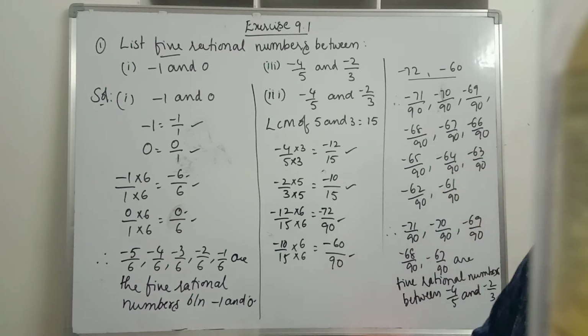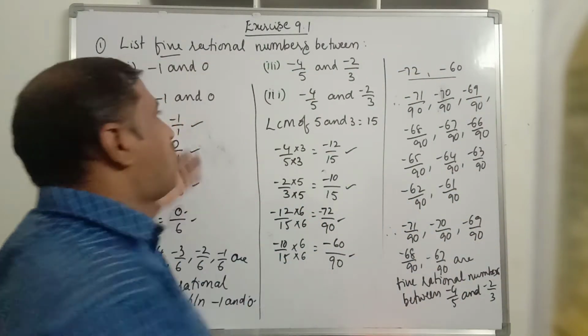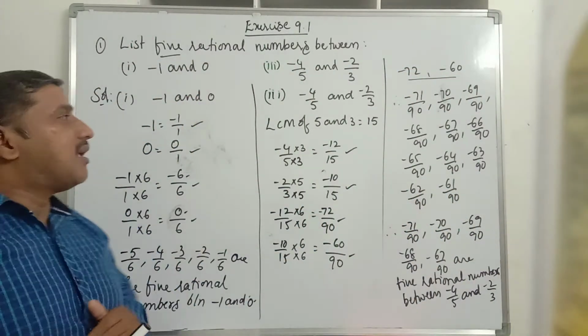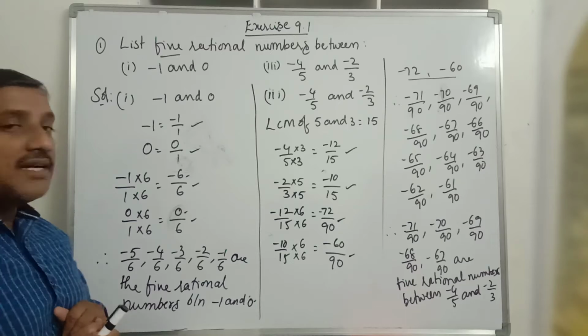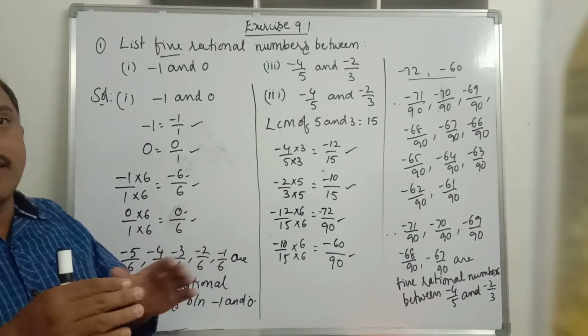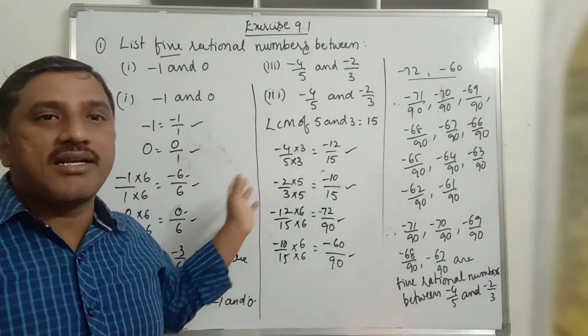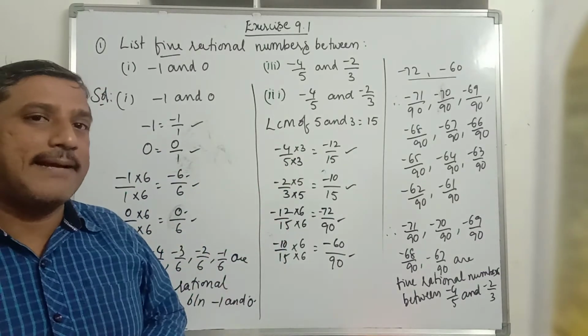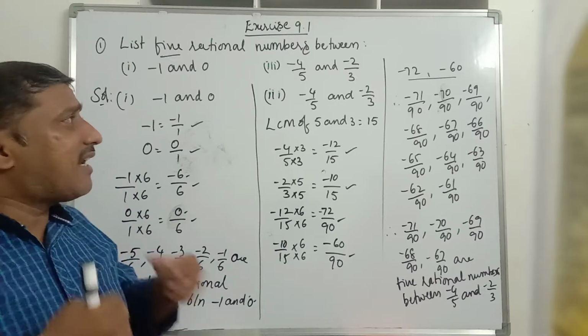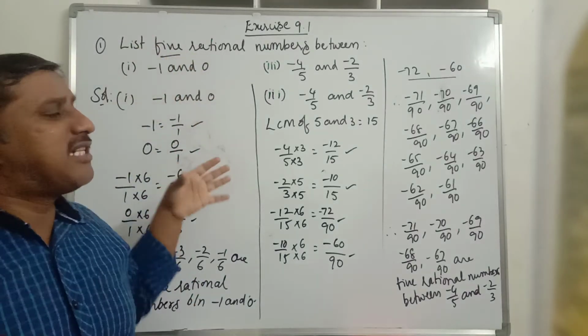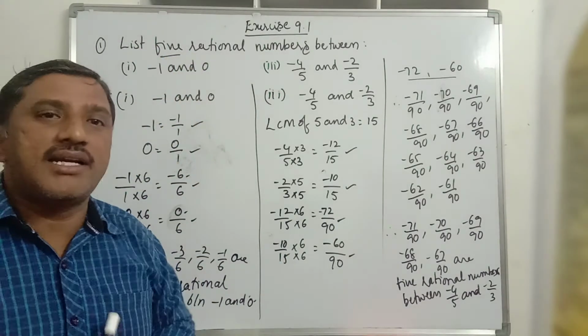So here what you have to remember: if the rational numbers are not in the standard form, then convert them to the standard form. Observe whether the denominators are the same or not. If the denominators are not the same, first convert them to be equal by taking the LCM. Then observe whether we get the required number of rational numbers between those two numbers with that denominator or not.